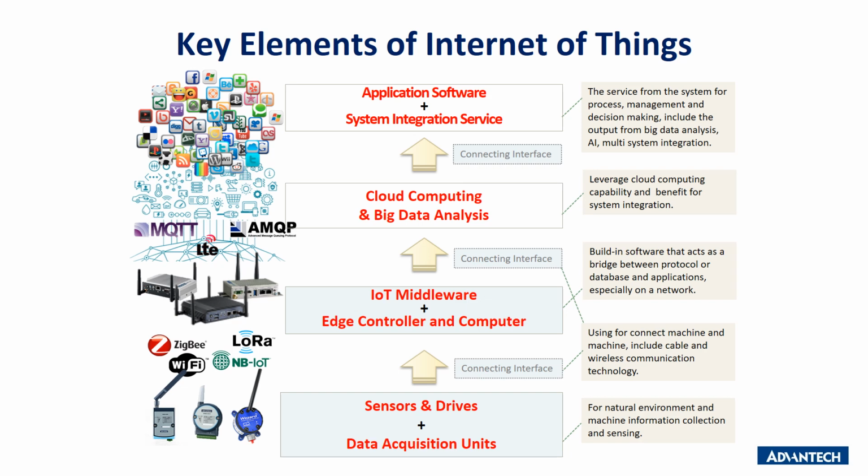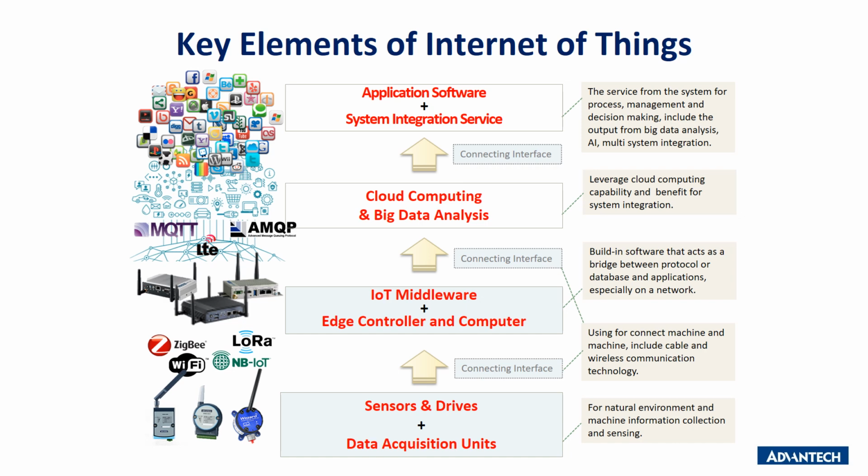The key elements of IoT include four layers. The first layer is sensors and devices with data acquisition units for the natural environment and machine information collection and sensing. The second layer is IoT middleware and edge controller and computer: built-in software that acts as a bridge between protocol or database and applications, especially on a network. Then, leverage cloud computing capability and benefit for system integration.